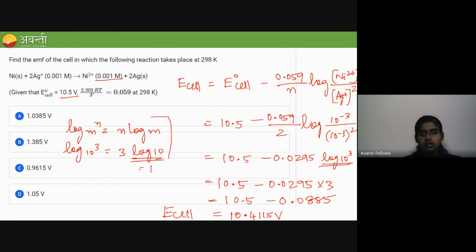Okay, 10.4. Yeah, sorry. It is not 10 point, it is 1 point. Okay. When we subtract, we will get option A as the correct answer for this. Got it? And 10.5 minus 0.08 is 10.4 volt.